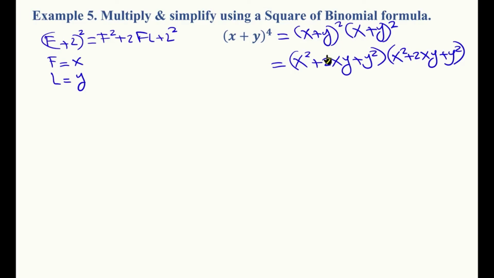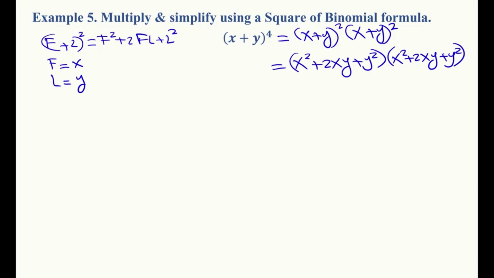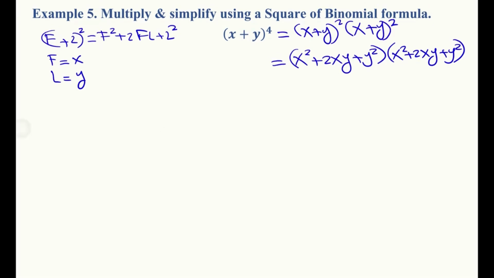So now we have a trinomial times a trinomial. As you probably know by now, my favorite way of doing those is using the table method. So we're going to make a nice large table.